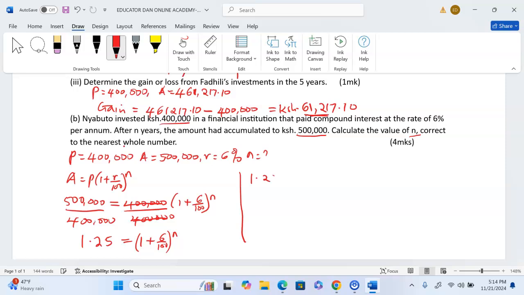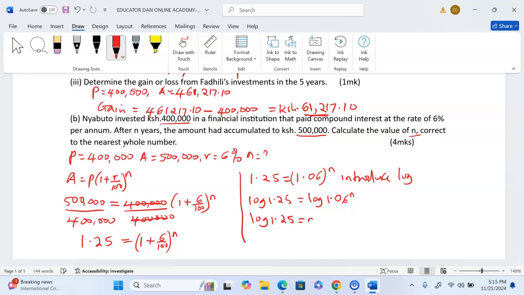So 1.25 is equal to 1.06 raised to n. From here now we can introduce the logs. We know log 1.25 is equivalent to the log of 1.06 raised to n. If n comes in front of the logarithm, we have log of 1.25 being equal to n log of 1.06.